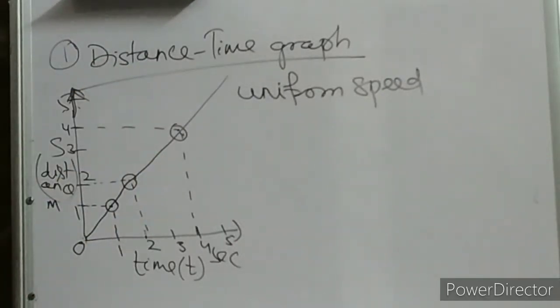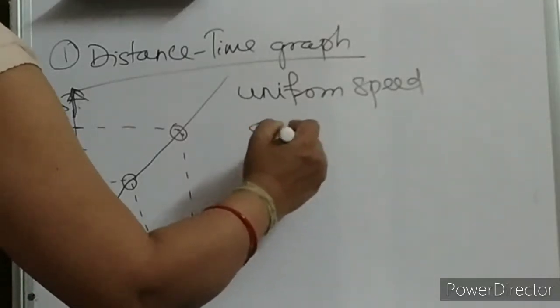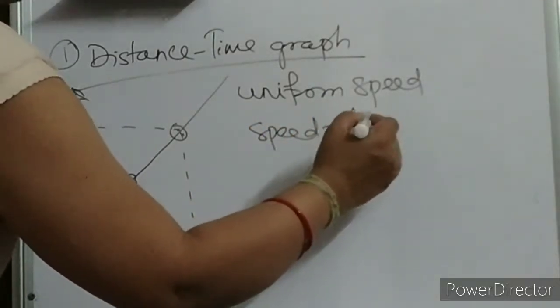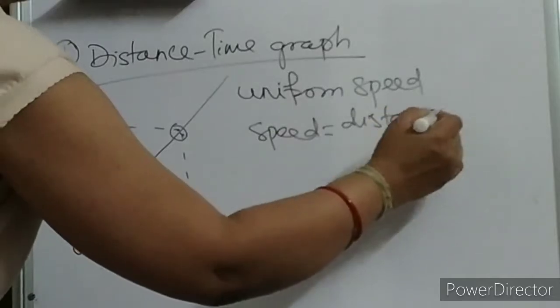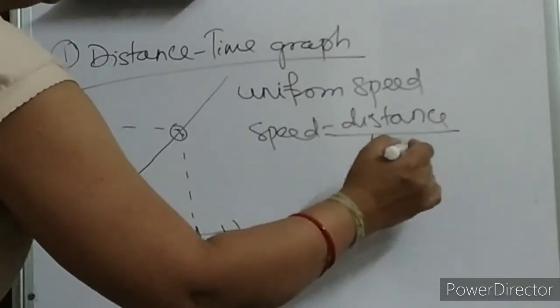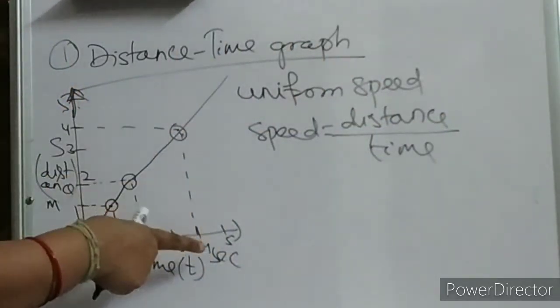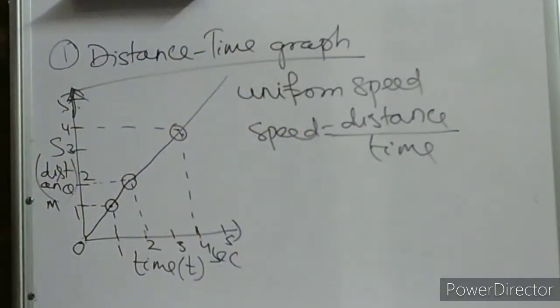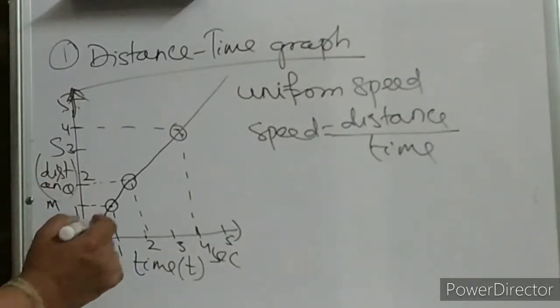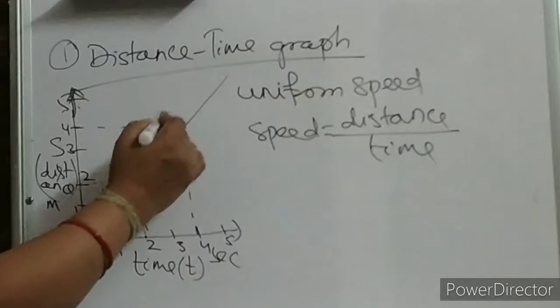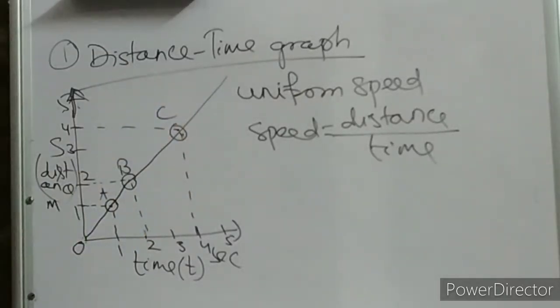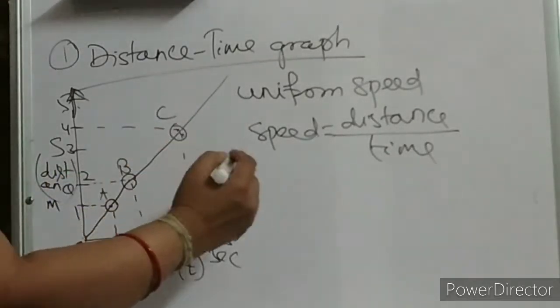How to calculate the speed? We know speed is equal to distance travelled by time taken. I am again mentioning, children, if it is displacement versus time, then it will be velocity. Please don't get confused, all same. So here, suppose this is O, this is A, this is B and this is C. Tell me what will be the speed at point A?